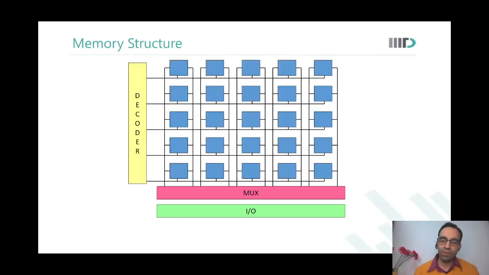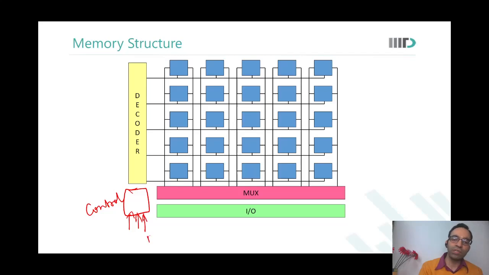In fact, there would be an additional component over here, which is called the control block. All the control signals would come to this block, whether I want to read or write, signals like clock, signals like sleep, etc. This control block is, in those terms, a kind of brain for the memory.